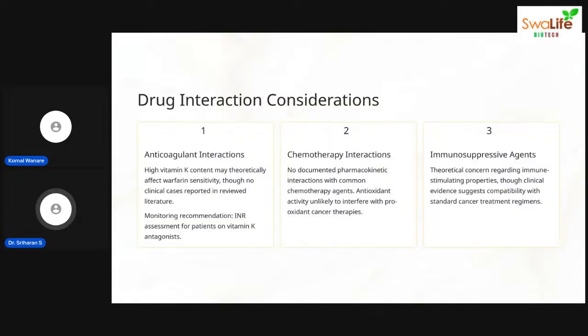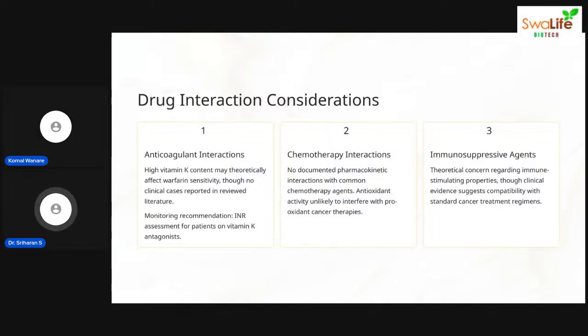But its antioxidant activity can likely interfere. Since wheatgrass has an antioxidant property, it may alter oxidative stress, which will affect the chemotherapy. That is the chemotherapy interaction.